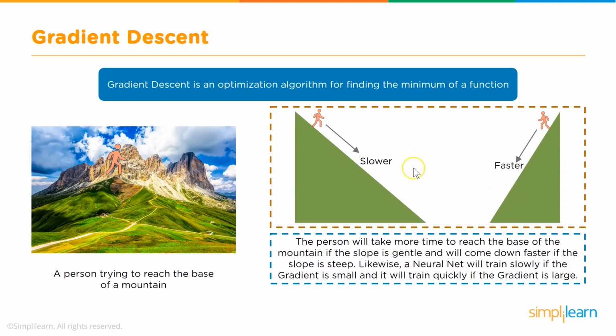On the other hand, if you have a very low learning rate, it might take forever to converge. So you need to come up with the optimum value of the learning rate, and once that is done, using gradient descent optimization the error function is reduced, and that's the end of the training process.